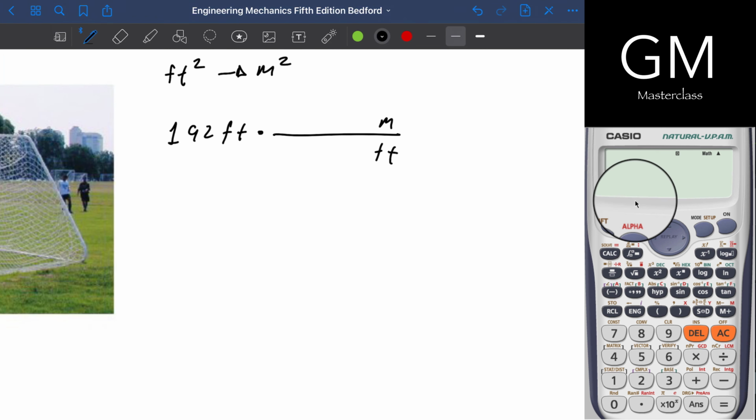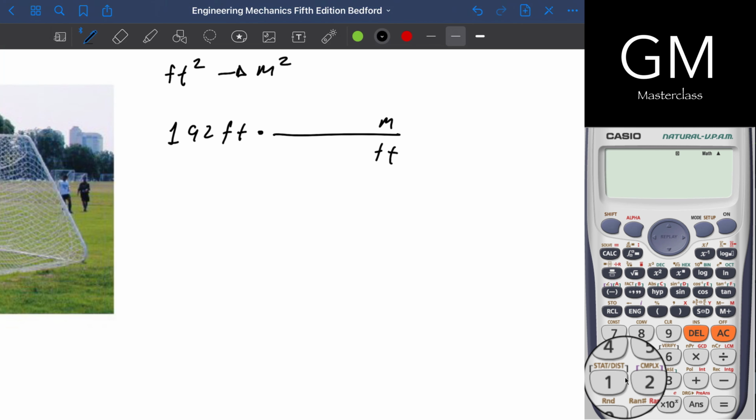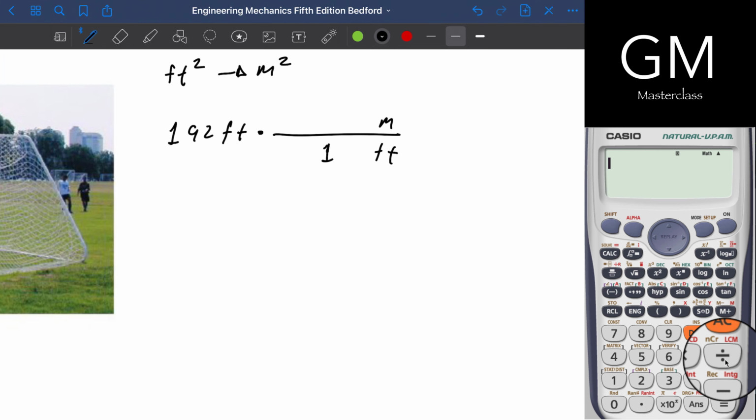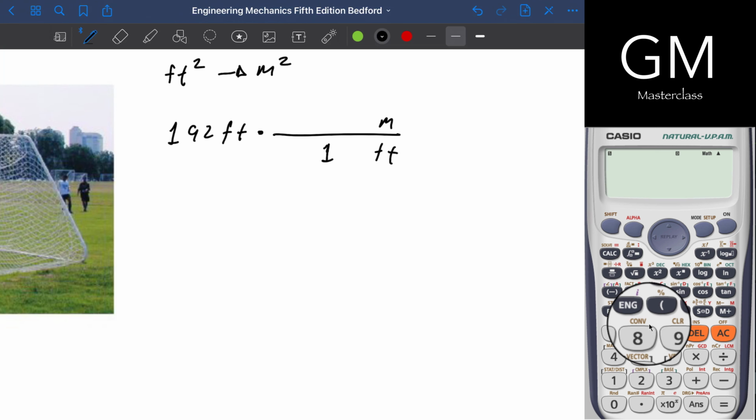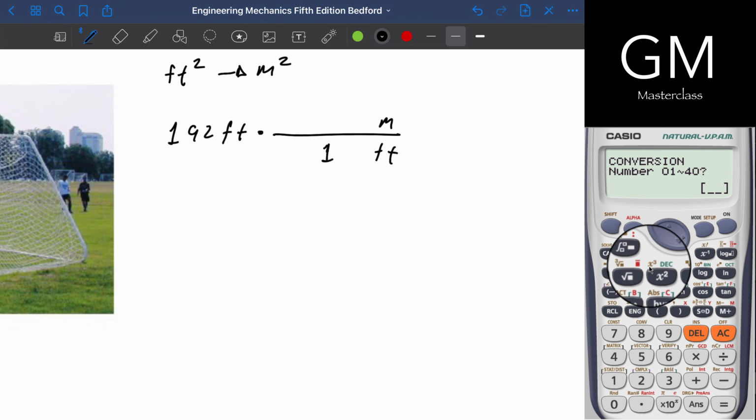So the calculators usually bring that information, so we just have to have an equivalence. So it would be shift and this button.